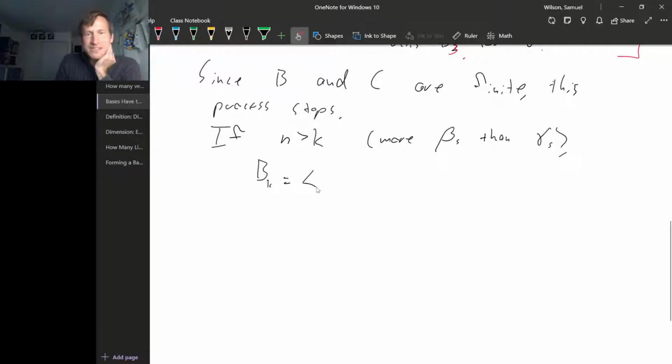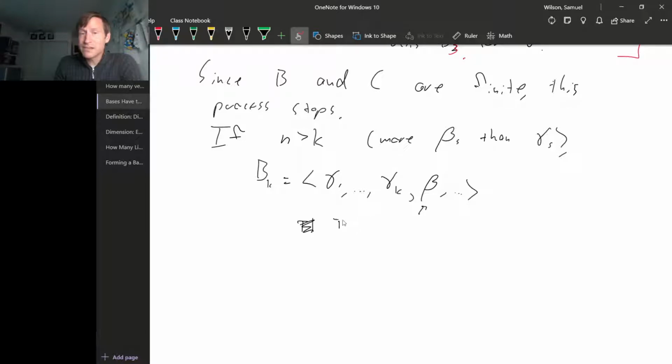Our last basis looks like gamma 1 and so on. We've done enough replacements that we've got all the gammas, but there's at least one beta left over. Now we don't know which beta it is, but there's at least one. Maybe some more.